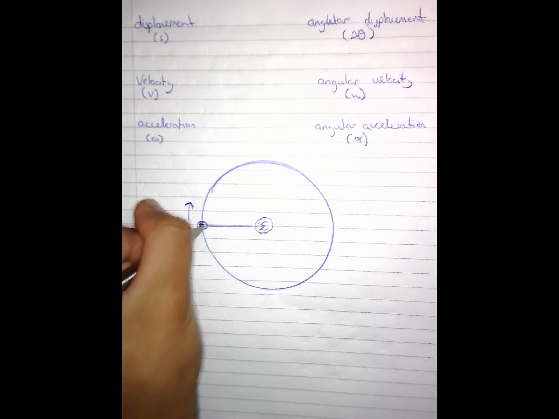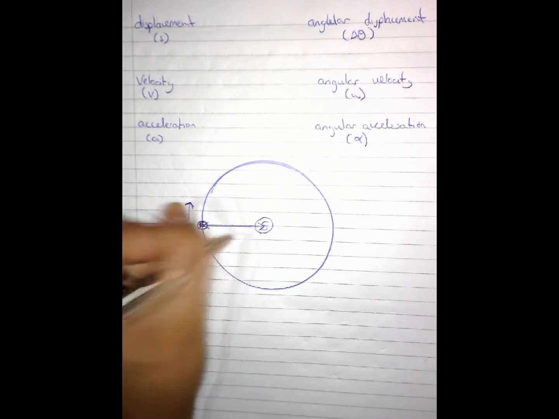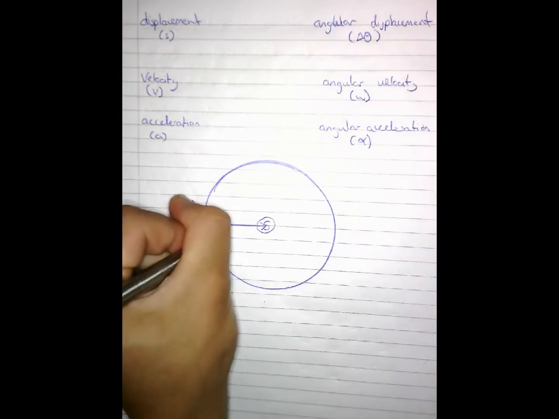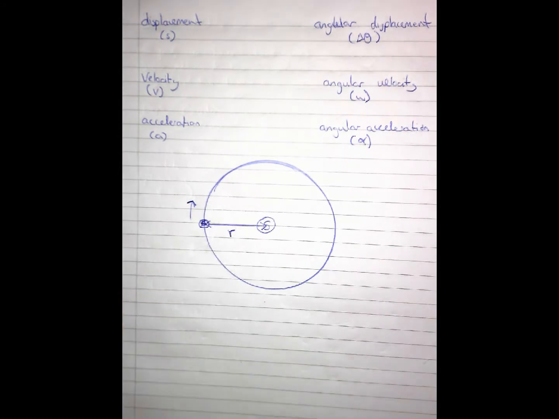This distance there, the radius of the orbit, I'm just going to label R. It's given a special name in astrophysics, and it's called an astronomical unit, the distance between the Sun and the Earth. But for now, I'm just going to call it R.